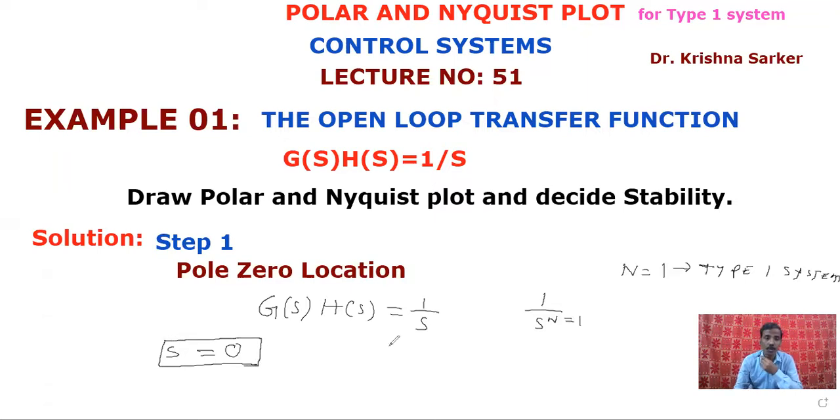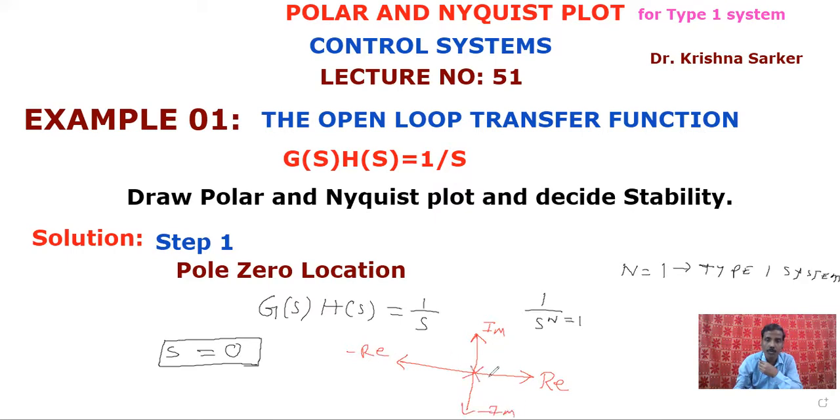And the pole 0 plot: suppose this is the real axis, this is the imaginary axis, this side is the minus real axis, and this is the minus imaginary axis.